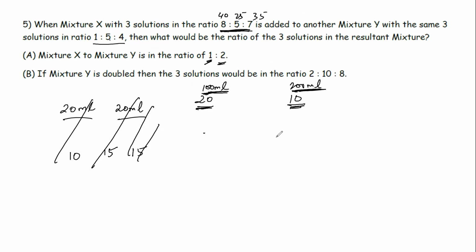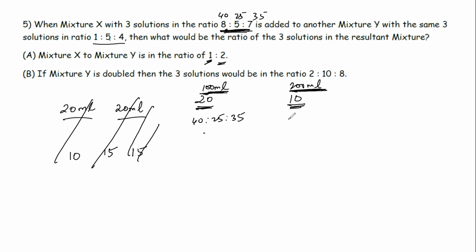That gives me 100 ml. And if you're taking 200 ml and there are 10 parts, then 10 times 20 gives us 200. So the ratio out here becomes 40 ml, 25 ml and 35 ml of this 8, 5, 7, knowing it's 100 ml.